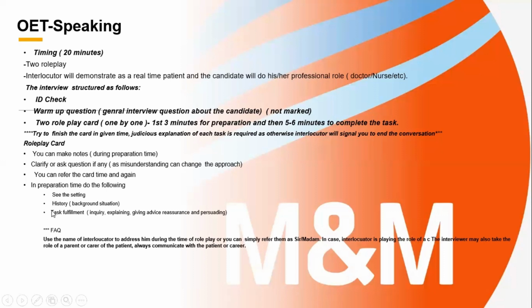There are a few things in the card: setting, history, and the background information. The task fulfillment is also important. You have to go for the inquiry, explanation, advice, assurance, and reassurance. Then the frequently asked question: use the name of the interlocutor to address them during the role play. You can refer to him as sir, madam as well. But it's better not to call them sir, madam. It's better to call them by name during the session.